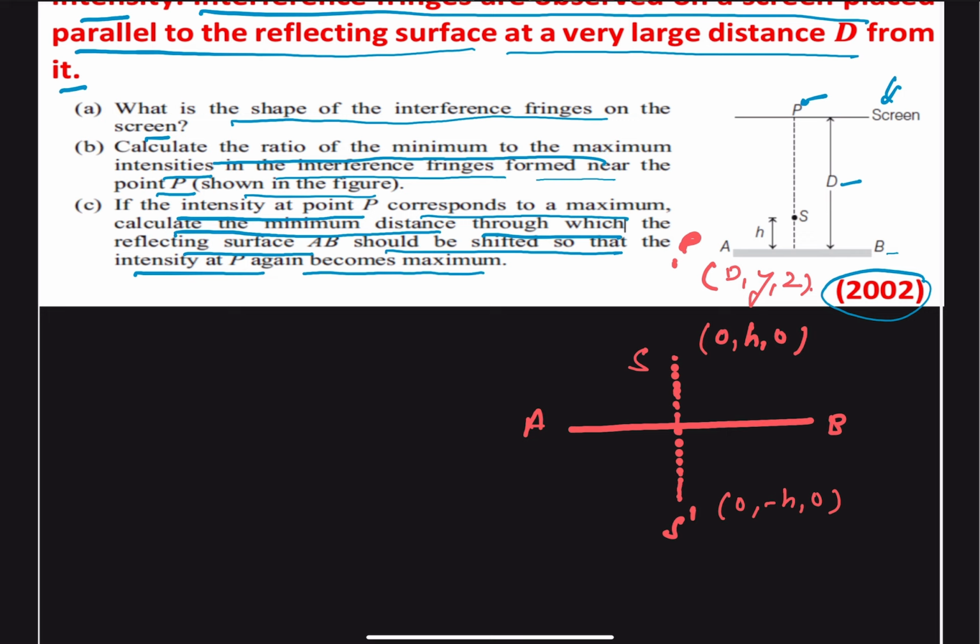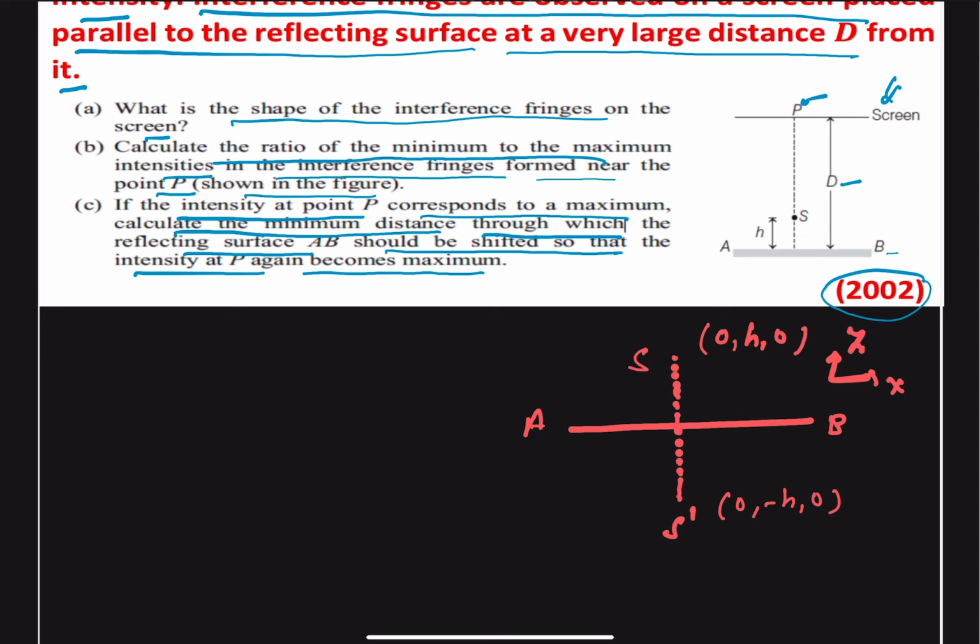So let us consider the coordinate of this P is d, y and z. Sorry, not d, y, z, because we have taken x in this direction and we have taken y in this direction, and the origin is this point.